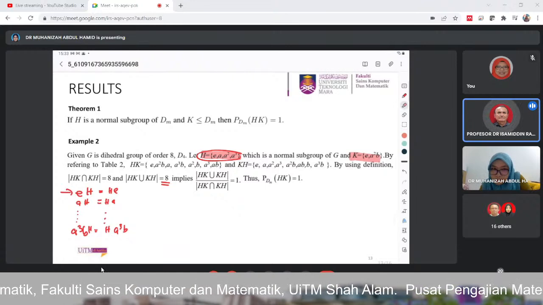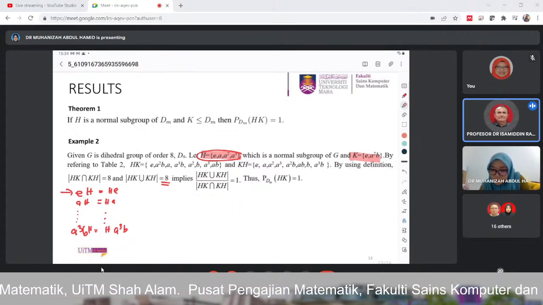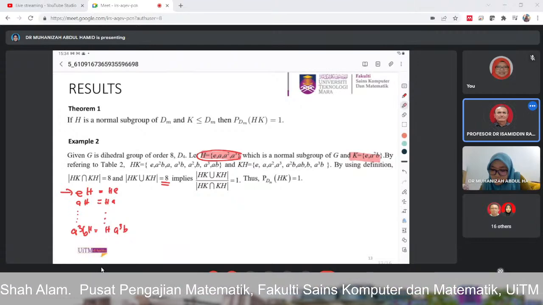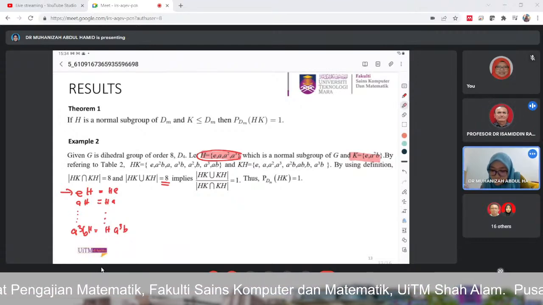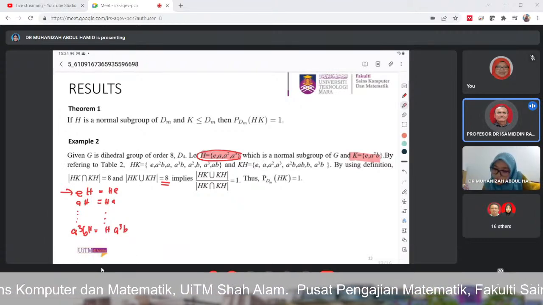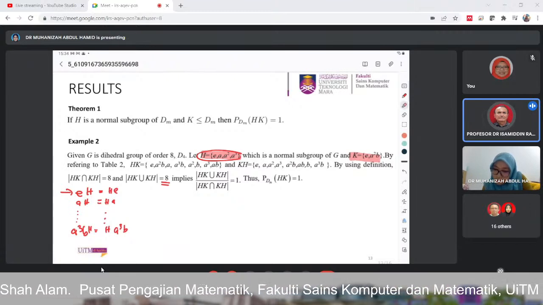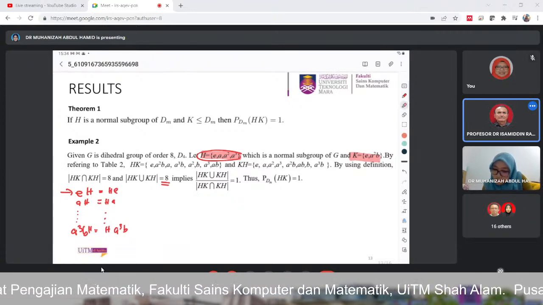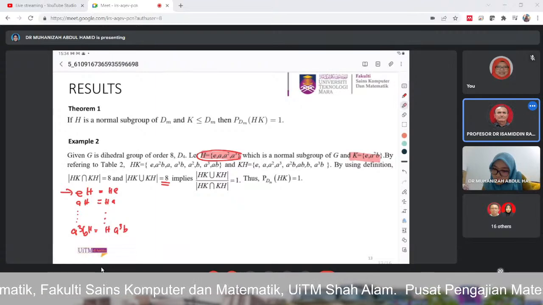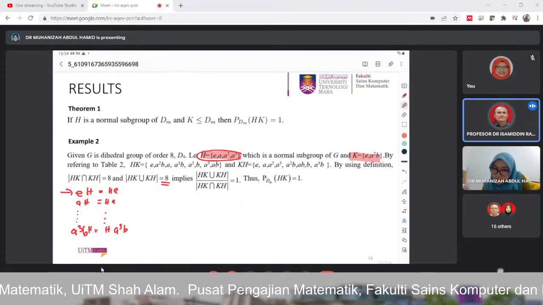You can see in your particular example 2, you have HK is KH. If I am not mistaken, if you have any normal subgroup, then HK is KH. So this is a subgroup.